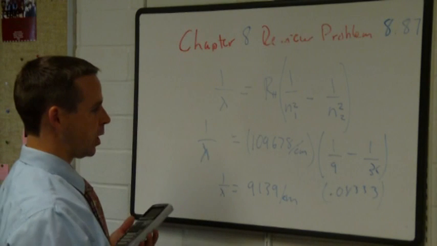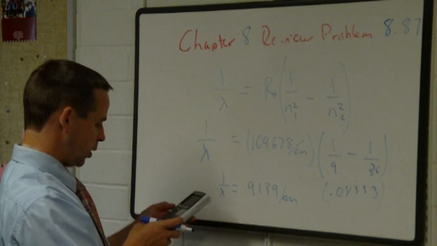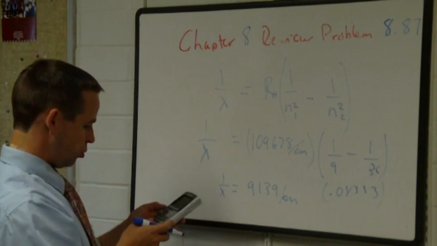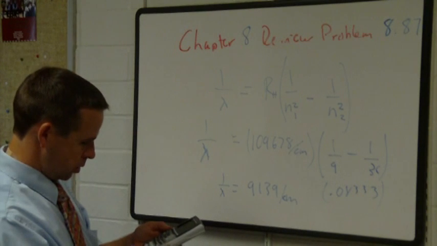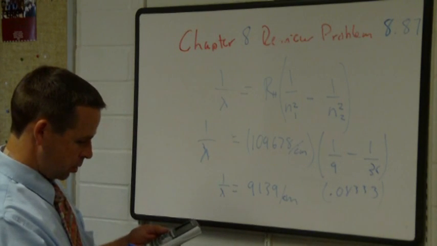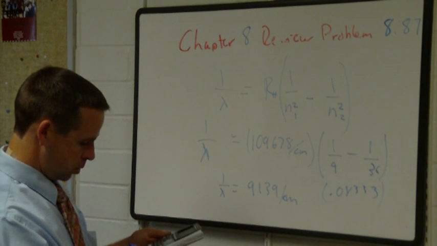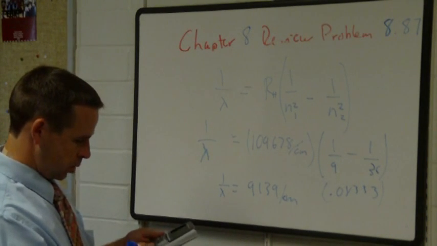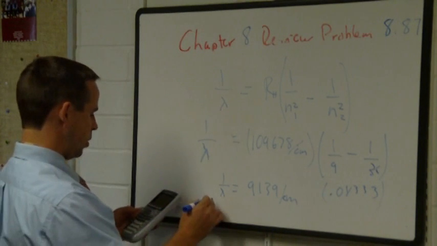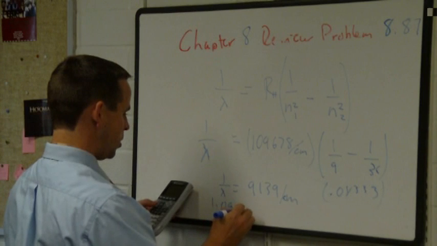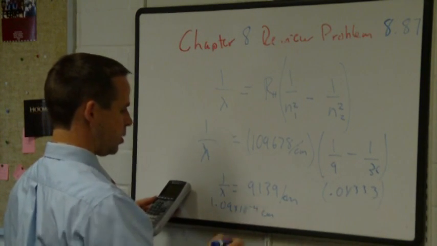Okay, so we need to invert that number, which I haven't done in a long time on this calculator. Well, I can just raise that number to the -1. So looking at 1.09 times 10 to the -4th, and that is centimeters.